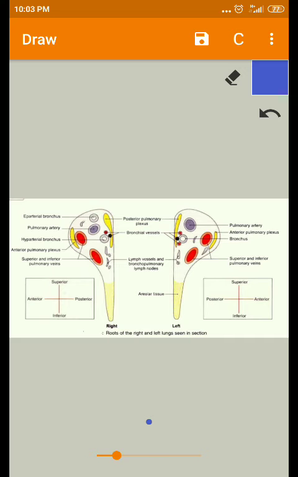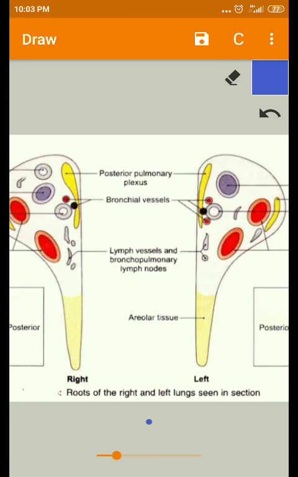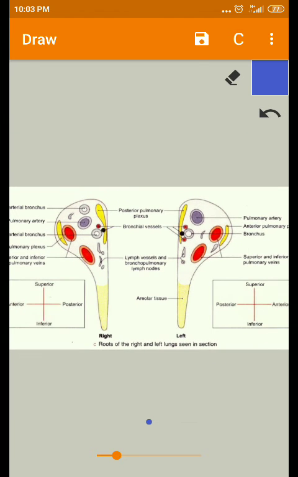This is the principal bronchus. On the left side we can see the principal bronchus, whereas on the right side the principal bronchus is divided into two branches: the eparterial bronchus and the hyparterial bronchus. These two will enter the hilum.